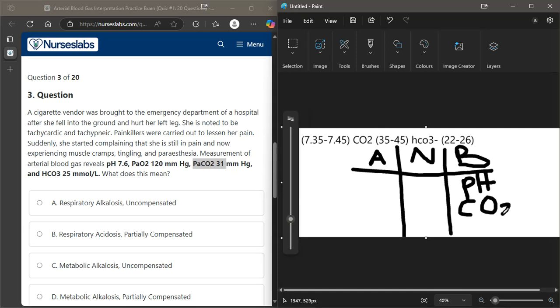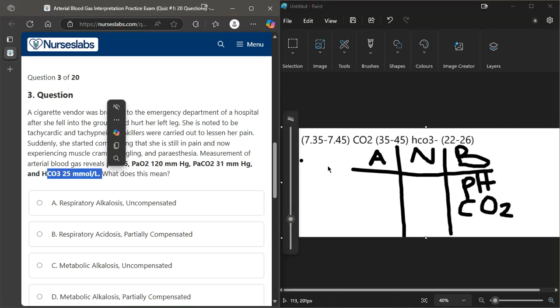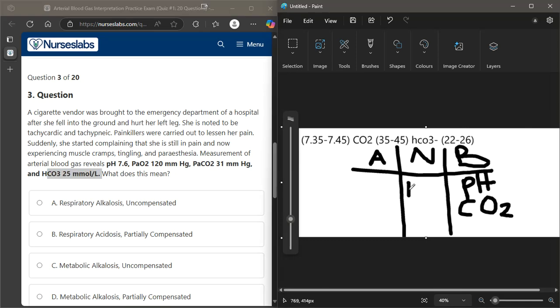So carbon dioxide will appear under the basic tab. The bicarb is 25 and the normal range is 22 to 26, so it's within the normal range and we can put our bicarb in the normal tab. So pH is with carbon dioxide, we have a respiratory. It's under the basic part, so this is a respiratory alkalosis.